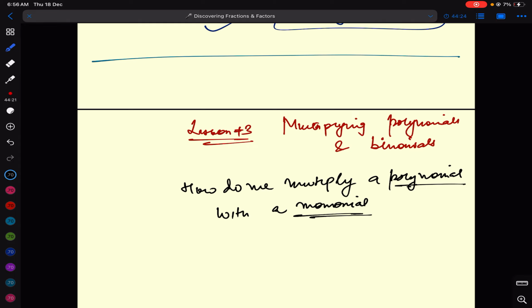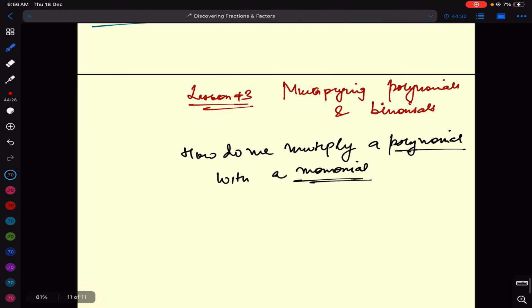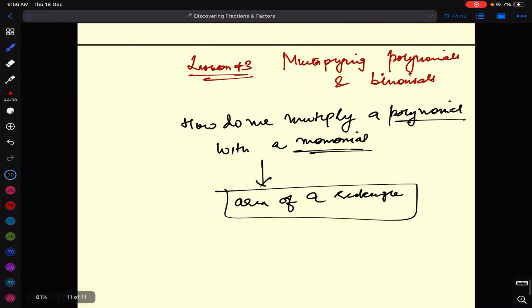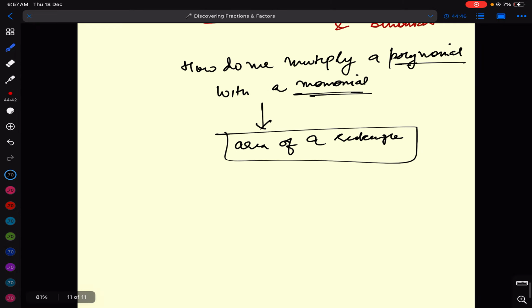Then we'll come to the multiplication of a polynomial with a binomial. Now when it comes to multiplication of a polynomial with a monomial, we basically try to explain that using the area of a rectangle. Why do I say that? I'll show you. We basically make use of the area of the rectangle in order to explain the same.